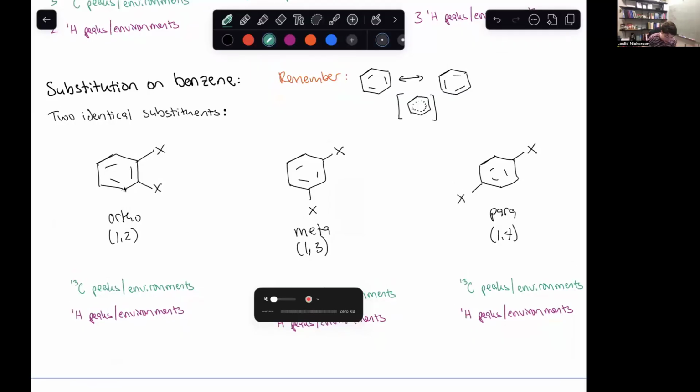Okay, so that means that when we're working with 2 identical substituents, we can see a plane of symmetry right here.